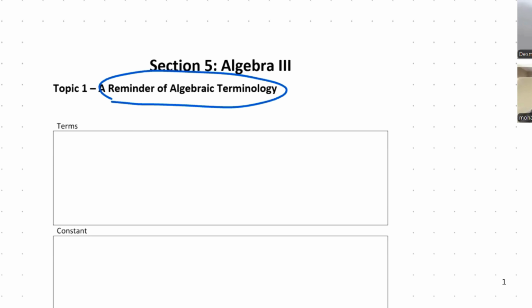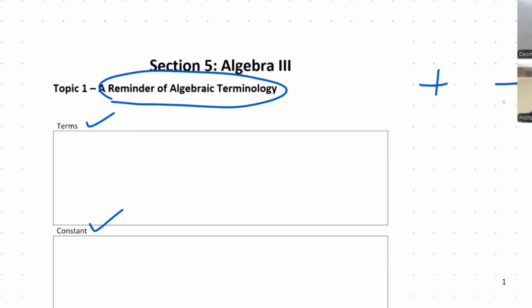Now, if you check, the first thing here, they talk about terms, followed by constant. Terms are separated by a plus or a minus. For you to tell me how many terms an expression consists of, it is based on the sign, the positive and the negative.